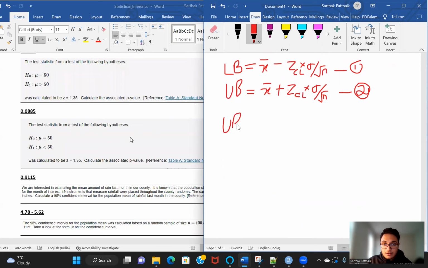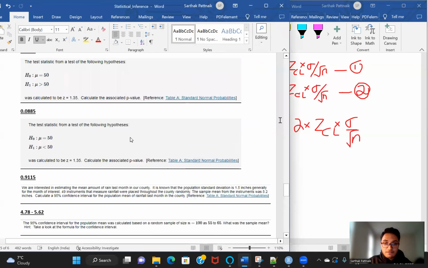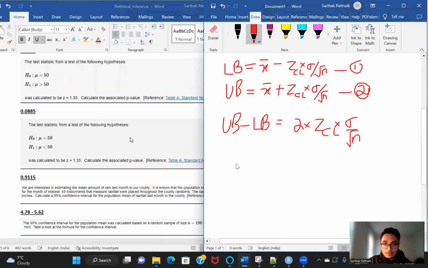I get upper bound minus lower bound as twice into Z critical into sigma by root n. Now n is 100, so this is going to be 10. Upper bound minus lower bound, if you look at this, will be 65 minus 55, which is equal to 10.